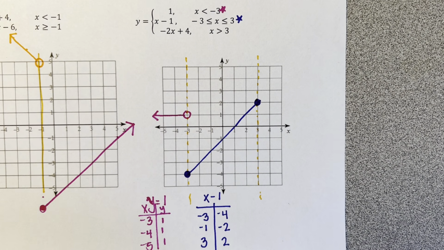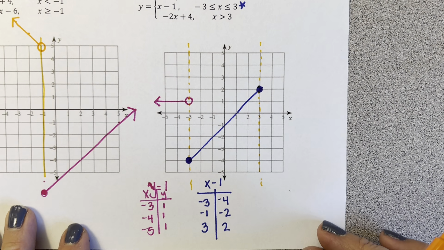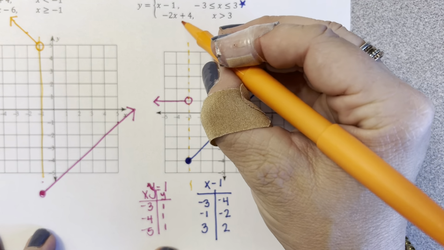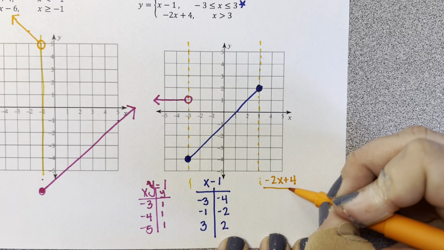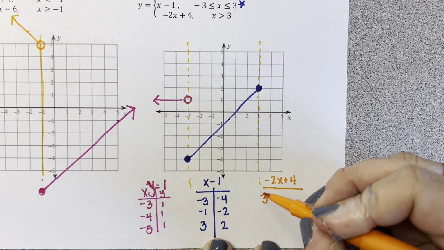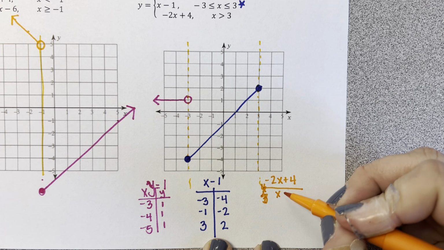And then the last part of my function is, what happens if you have an x that's greater than 3? So it's -2x plus 4. I do this every time, I forget to leave space.